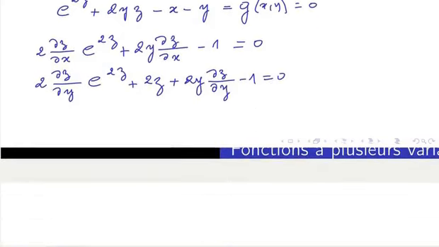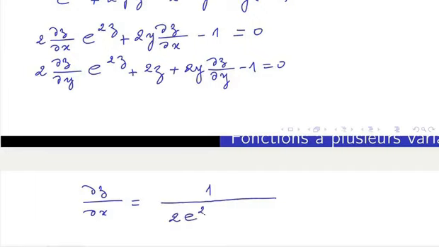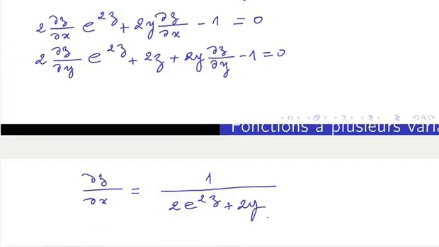Here is what we obtain as a system. From there, we will derive the sought partial derivatives. The partial derivative of z with respect to x is equal to 1 over exponential of z plus 2y.